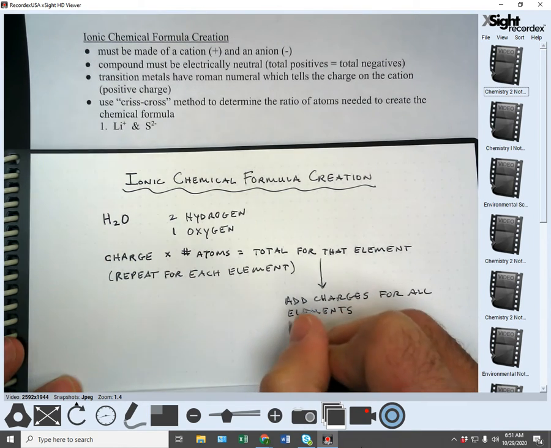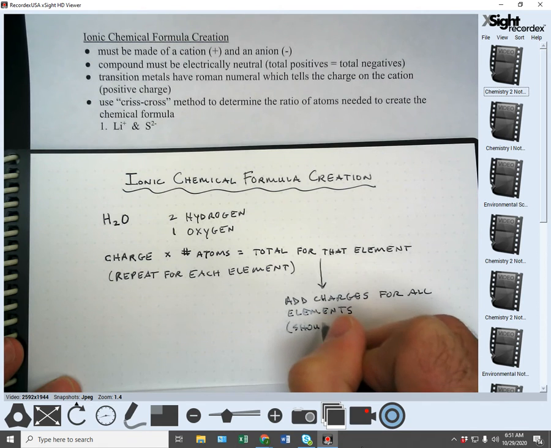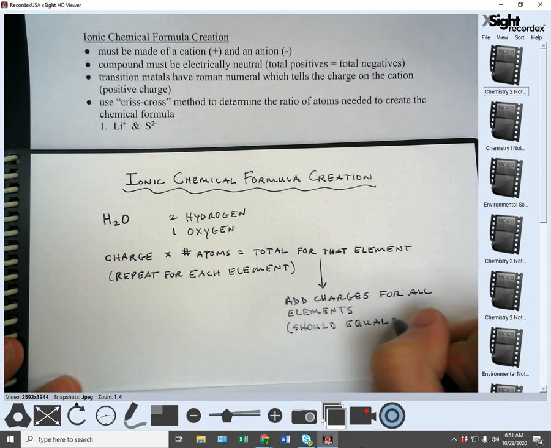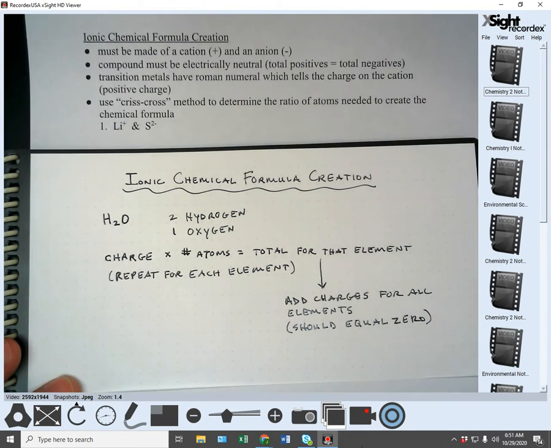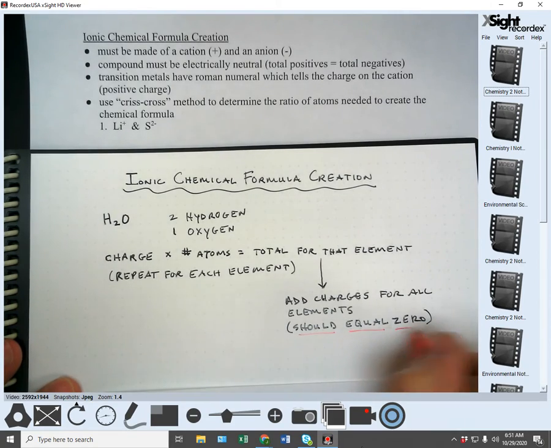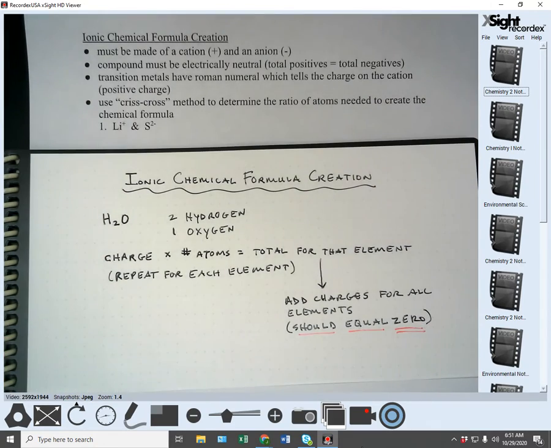And this should equal 0. Now, that might seem kind of complicated, but it's really not too bad.